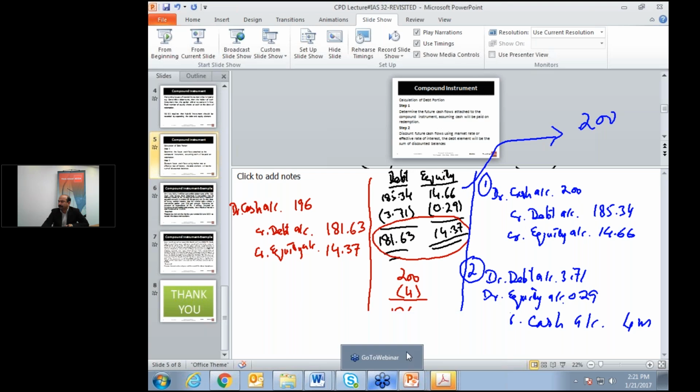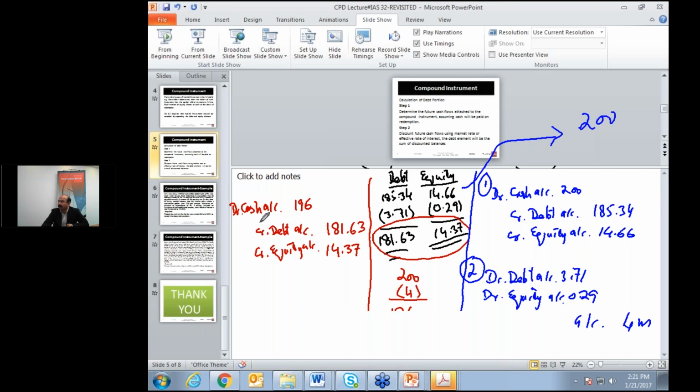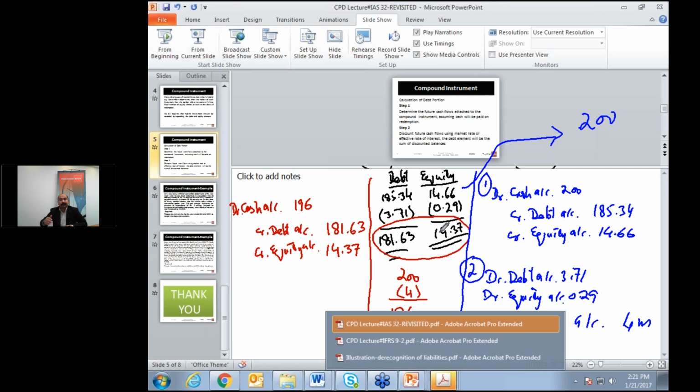Shayan Ahmed Qureshi is saying, why are we debiting the debt account with issuance cost? See, this was a compound entry, in fact. And if you do not want to do this compound entry, you can do this, because that cost relates to these accounts, because this will be subsequently measured at amortized cost.